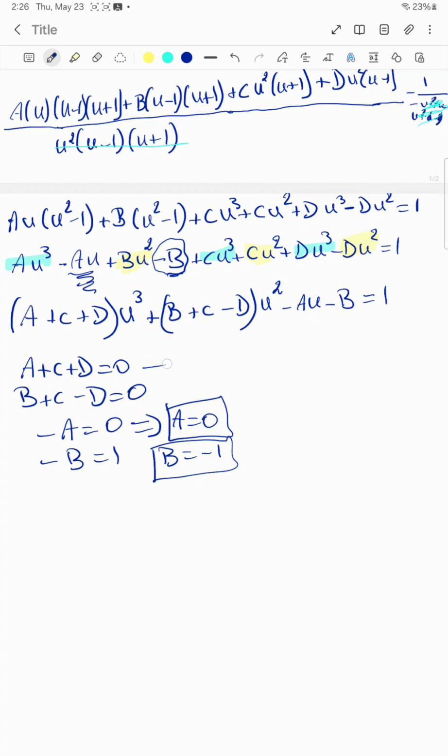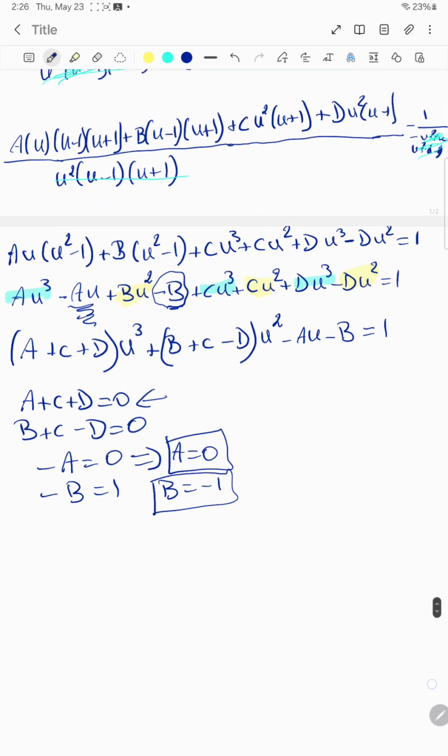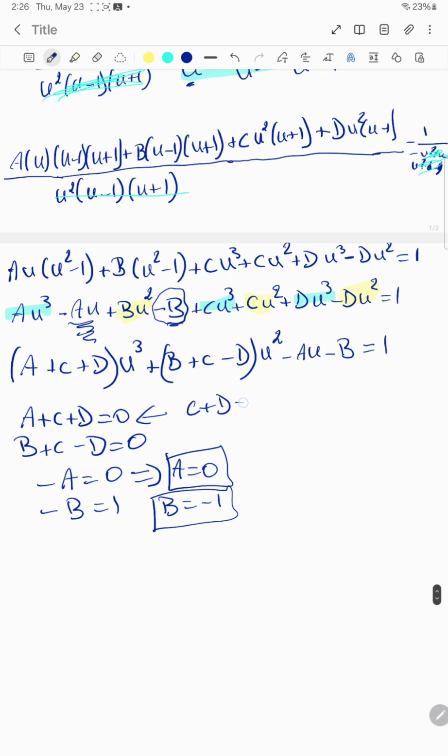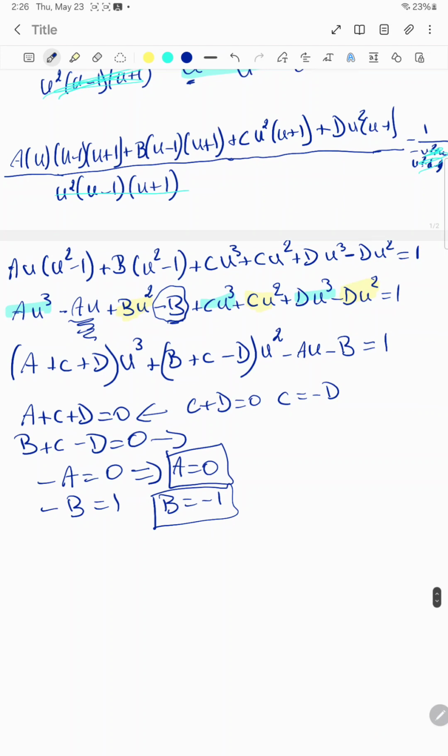So now here I will replace a by its value, which is 0. C plus d is equal to 0. That means my c is equal to minus d. And from that equation here, if I replace c by minus d and b by minus 1, I will have minus 1 minus d equal to 0. So minus 2d equal to 1, and my d is equal minus 1/2.